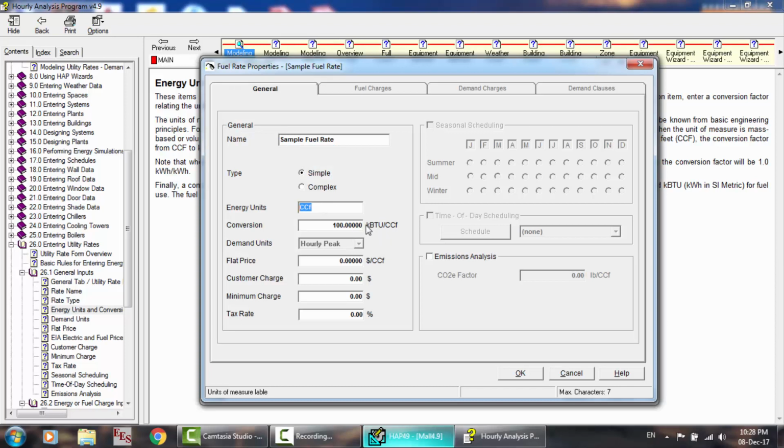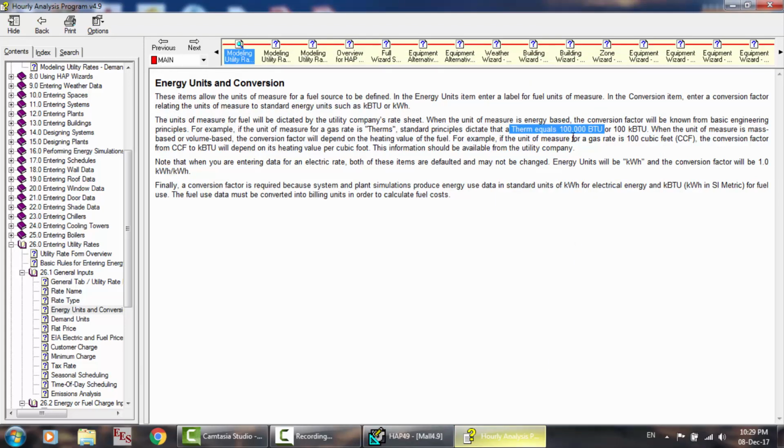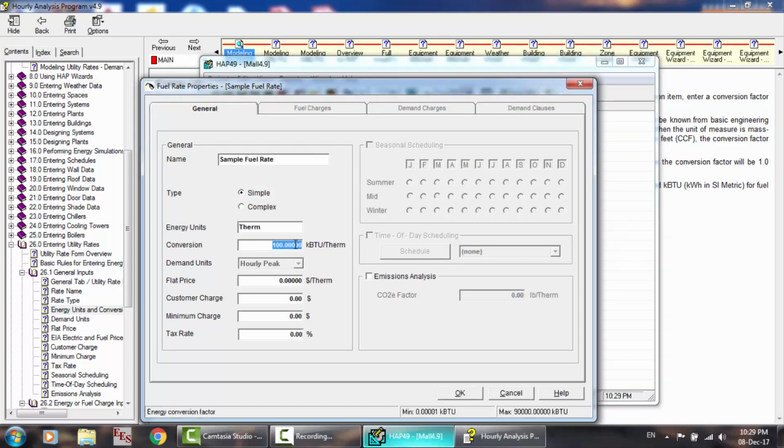What about therm? You have to know the conversion. So again, one therm equals 100,000 BTU or 100 kBTU.